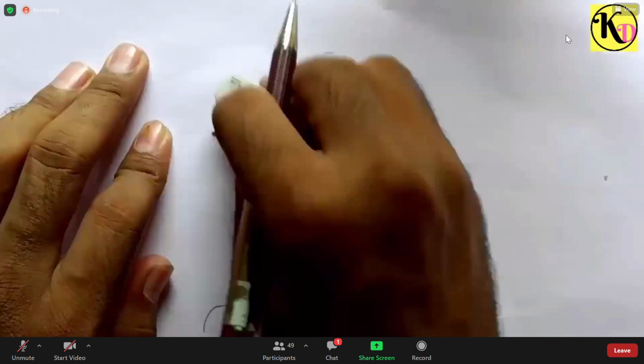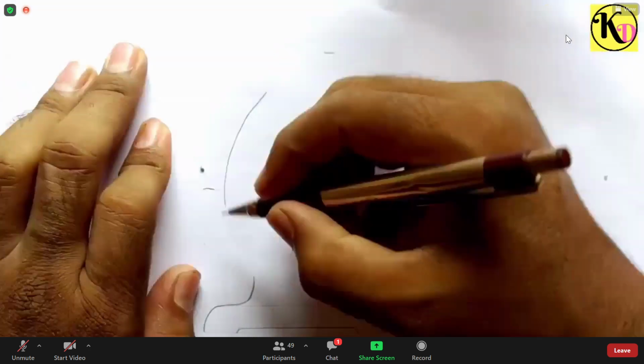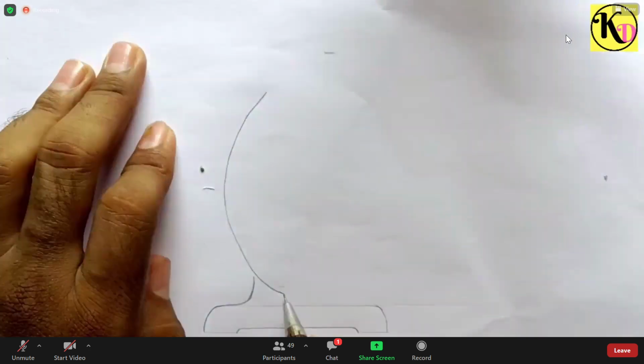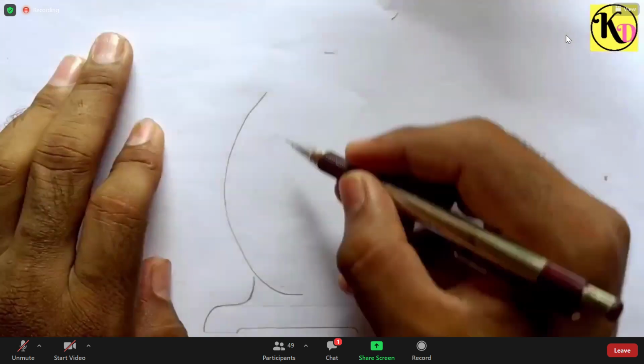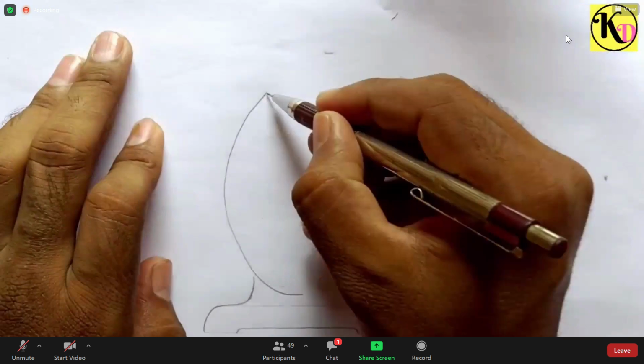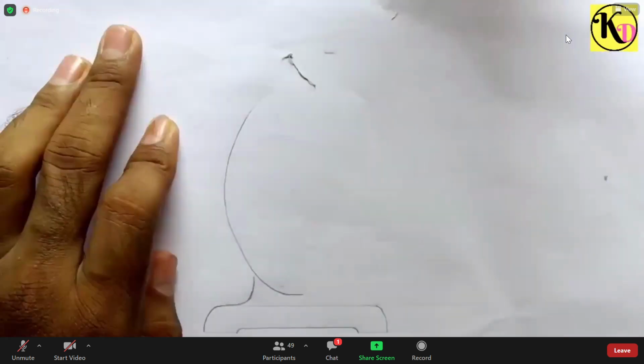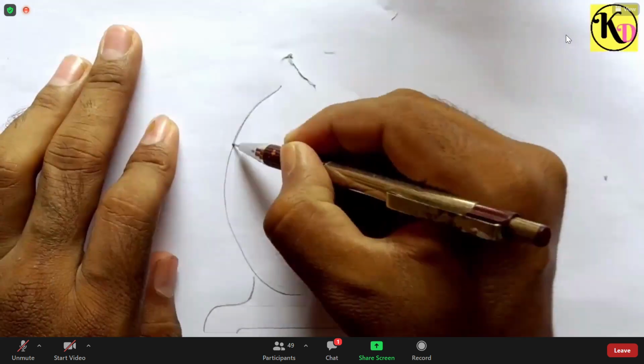Base structure of the microscope, the handle of the microscope. It's like easy engineering drawings. Whatever the shape you may draw, it's no problem. Just show me once.